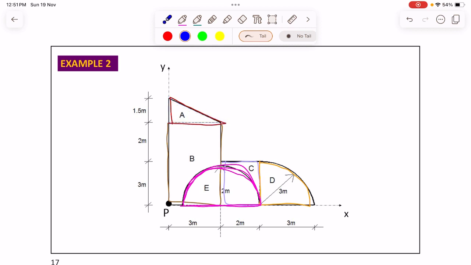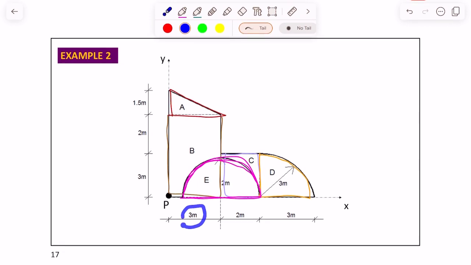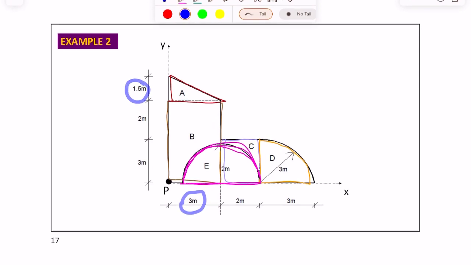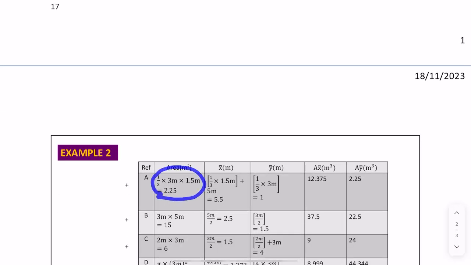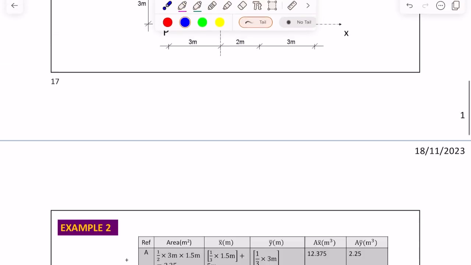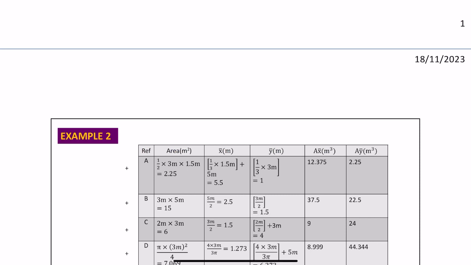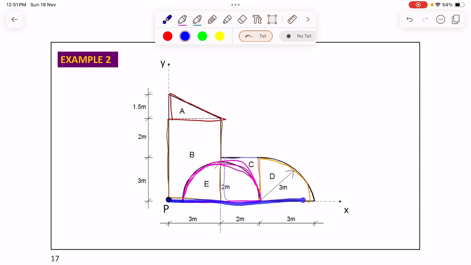And we know that the formula for the area of a triangle is 1/2 times B times H. So 1/2 times 3 meter times 1.5 meter. You will get the value like this. And to get the x bar, it should be the distance from the centroid of section A to the x-axis. So the x-axis is below here, which crosses at point P, right? So you measure from its centroid downwards. So what is the distance?